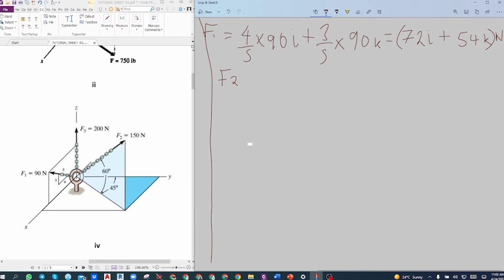For my F2, I've been given those angles to assist me.